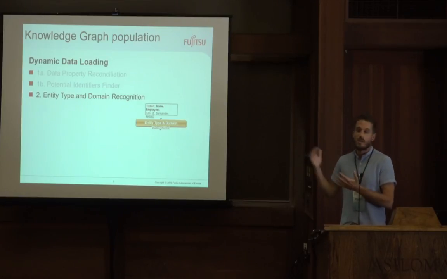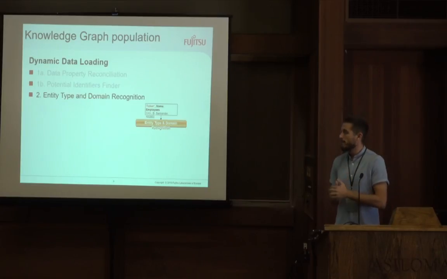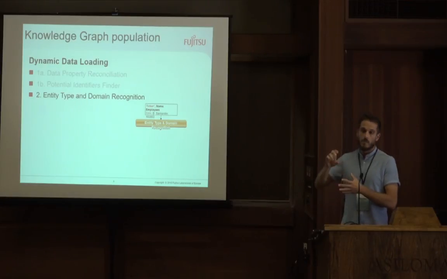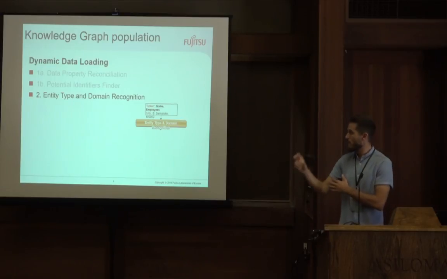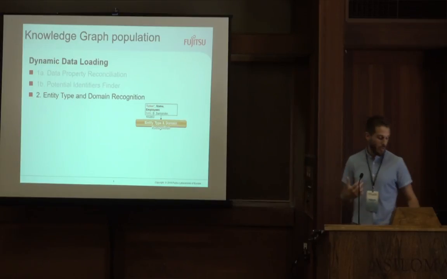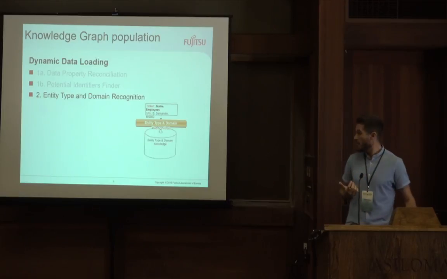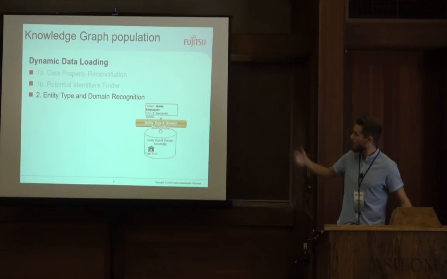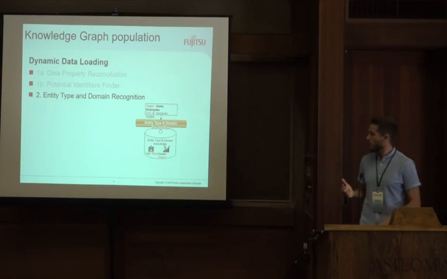It does not know if these are companies, hospital patients, or something else. So what we are doing here, using probabilistic methods, is to search at the data properties and values that are related to this entity, so we are able to recognize the entity type. In this case, it recognizes that it's a bank because of the ticker, and also the domain, which would be finance.